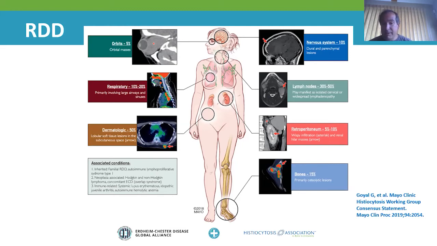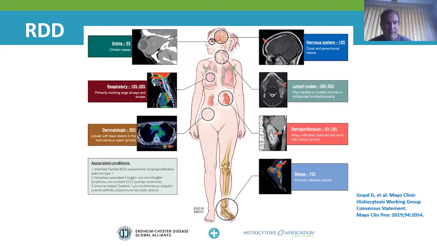It's been my experience that when we see RDD in the context of autoimmune illness, the autoimmune illness has already been recognized. So it's rare that someone is diagnosed with RDD and then subsequently diagnosed with lupus. It's almost always someone with longstanding lupus who develops adenopathy and has a biopsy that shows RDD.